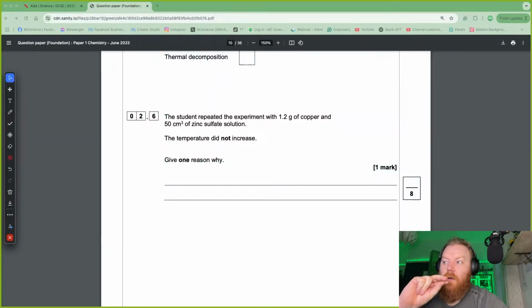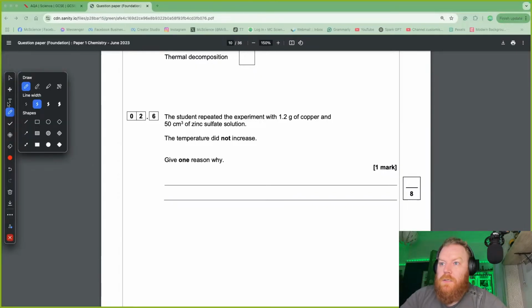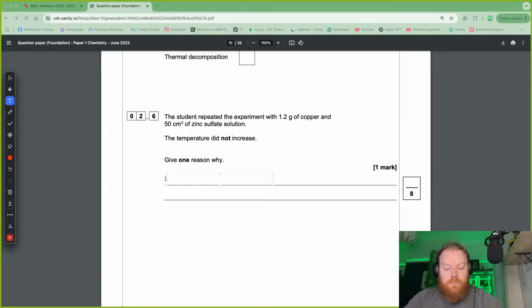But with this, copper is less reactive than zinc. Therefore, copper is less reactive than zinc, so won't react.